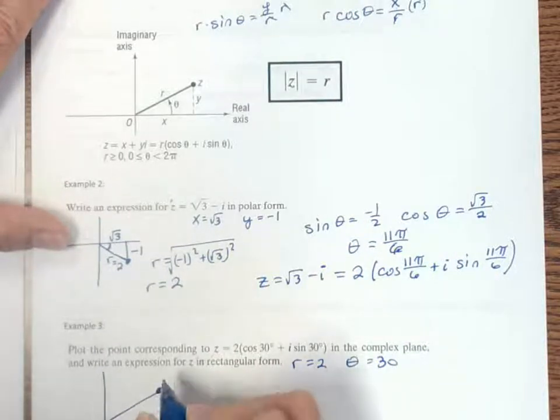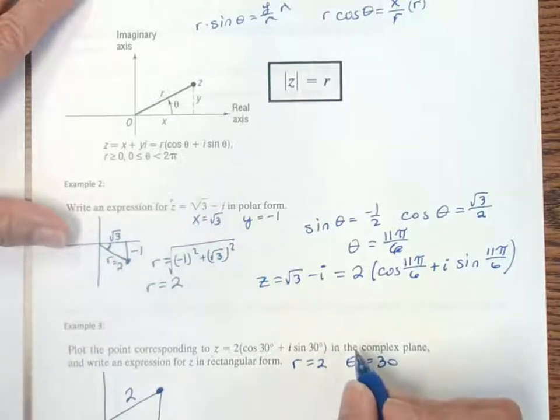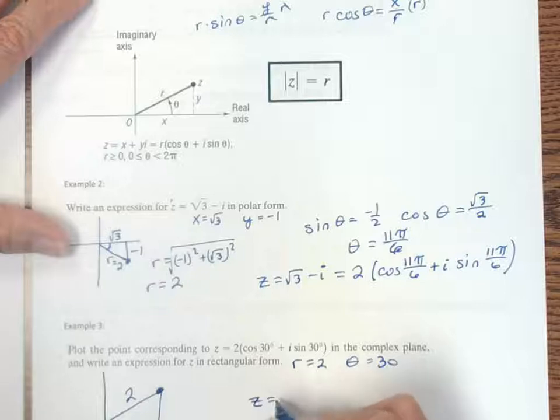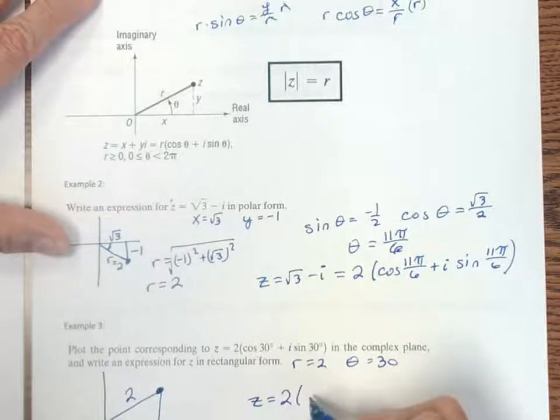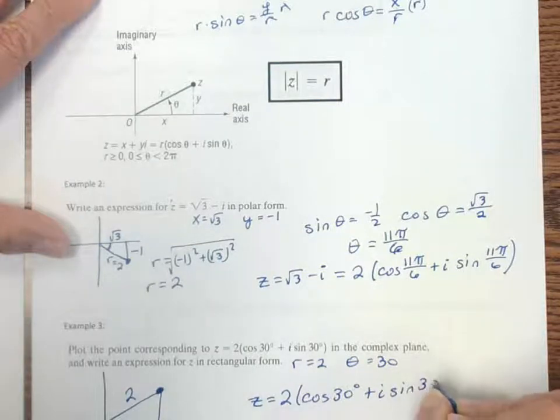So there is z. There we go. The radius is 2. If I want to now write this in rectangular form, z is going to equal 2 times cosine of 30 degrees, plus i times the sine of 30.